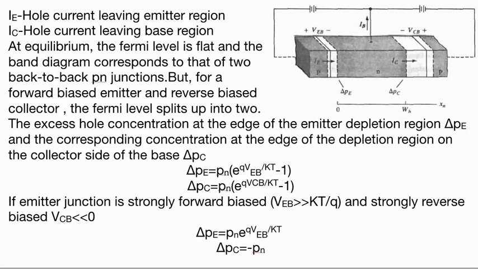Now here you can look at the different currents. In the diagram, I have shown you how actually the currents travel inside a BJT.